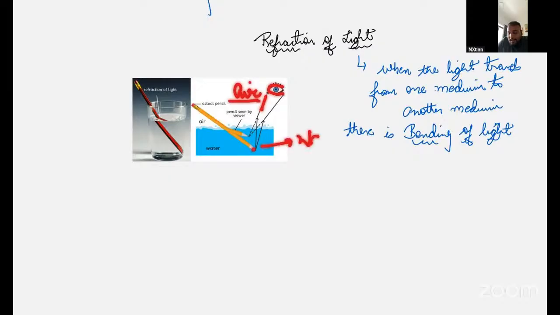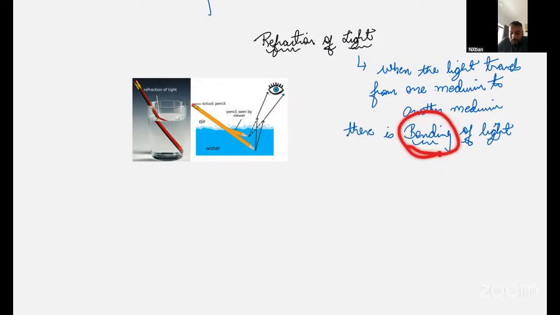So the light is coming from the water into the air, a change in medium. Did you understand? Because of this change in medium, there will be a bending of light.